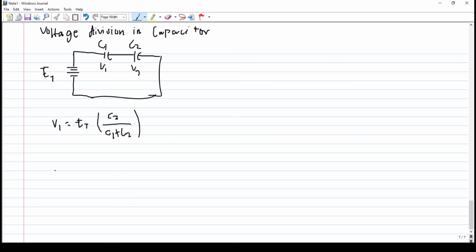So to find V2, the voltage across capacitor 2, that is equivalent to the voltage total times the capacitance in V1, which is C1, over C1 plus C2. Okay, so that is the concept of voltage division in capacitor.